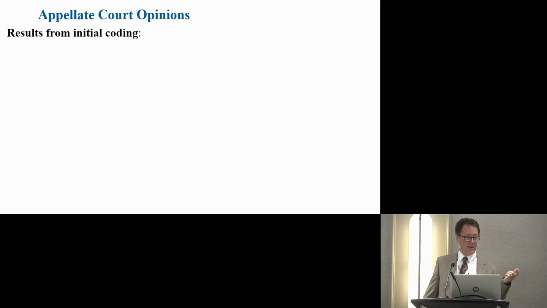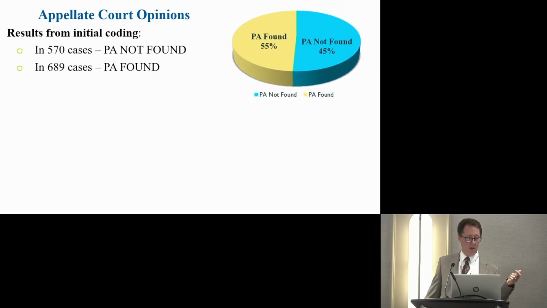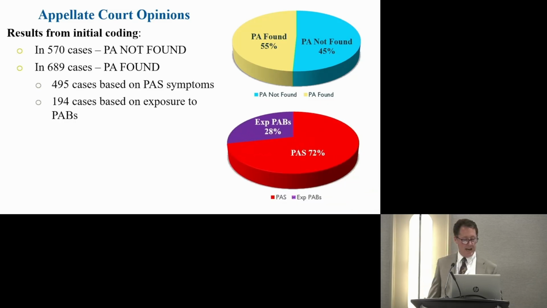And here's what we found. These are the results. In 570 cases, PA was not found, and in 689 cases, PA was found. So that's 55% versus 45%. And of the PA found cases, roughly 72% of them, 495 cases, the trial courts found them by symptoms in the child.